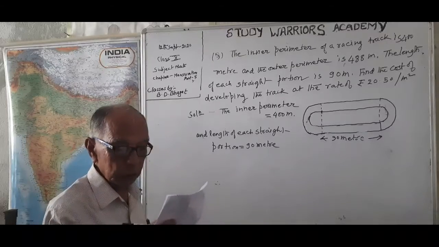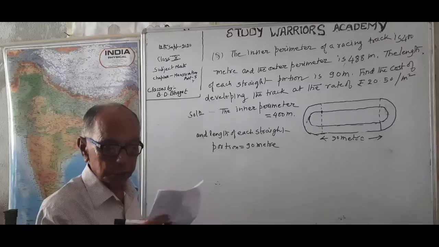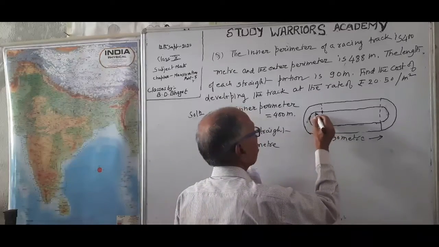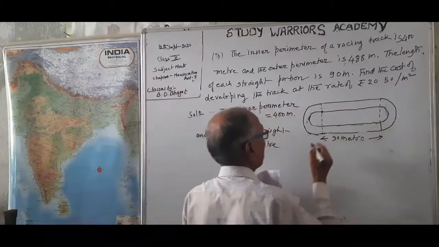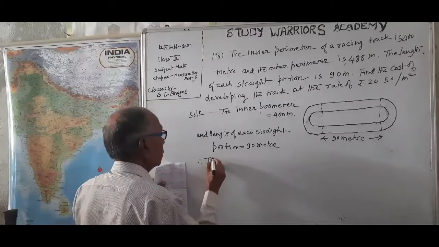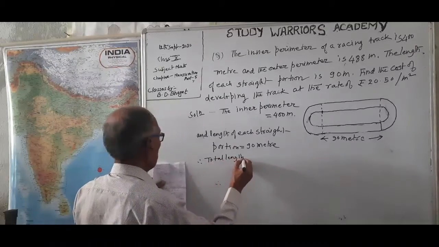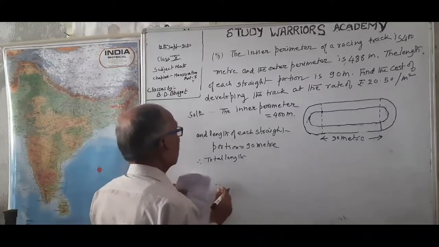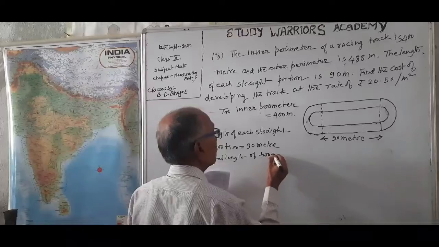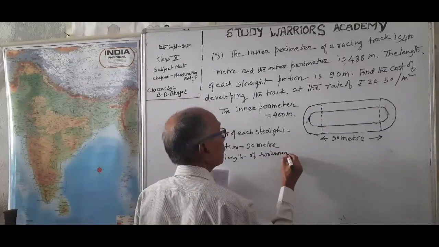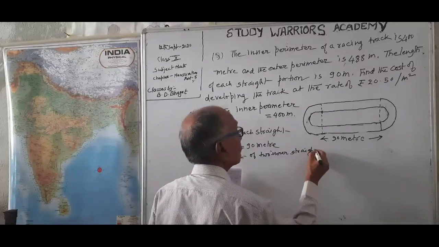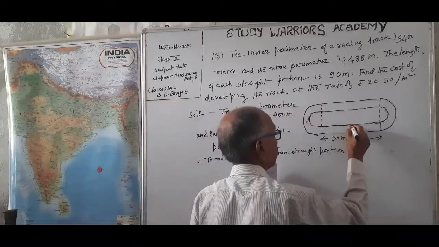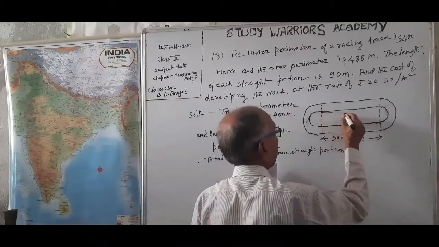total length of two inner straight portion is equal to, means I have to say length from here to here and also length from here to here.